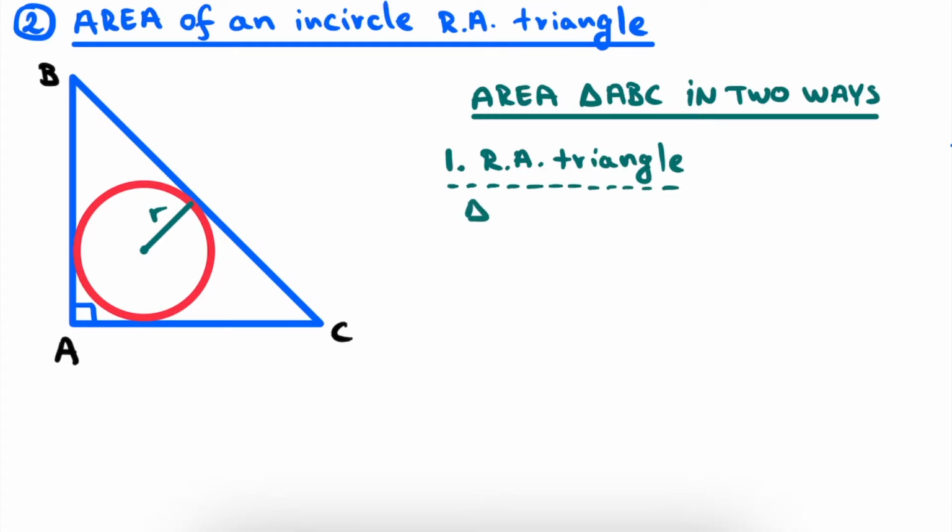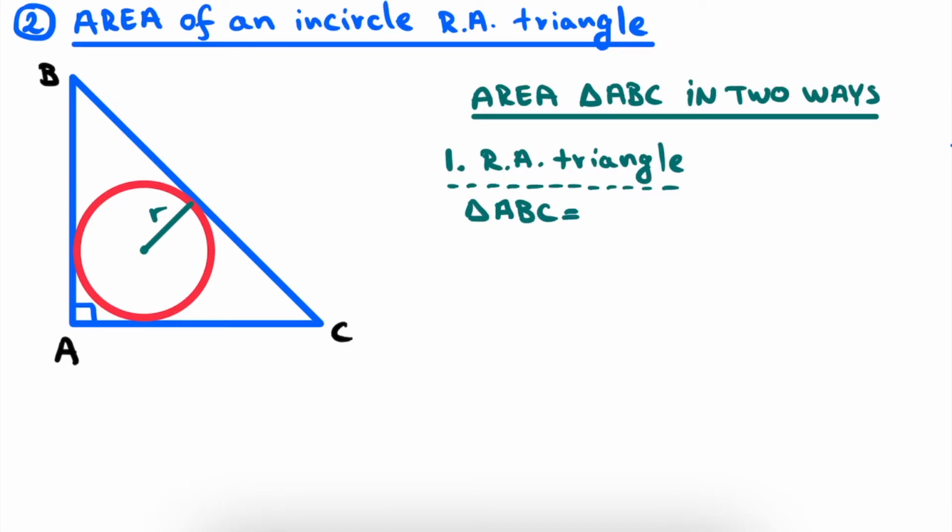The first way of calculating the area of the triangle ABC is to just use the standard formula, which is derived from the fact that a right-angled triangle is basically just a square that is cut in half. And since the area of this square is simply the length of its sides squared, the area of the triangle is 1/2 times this surface.